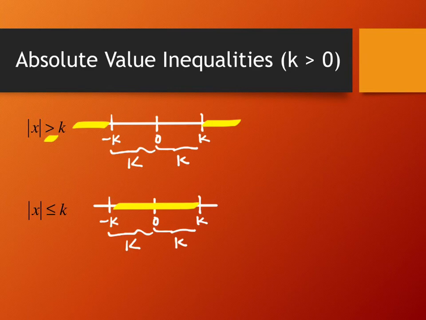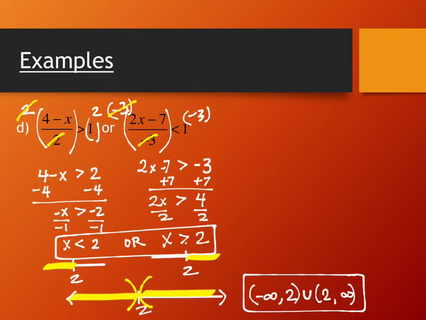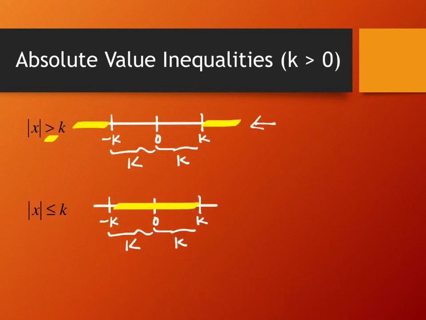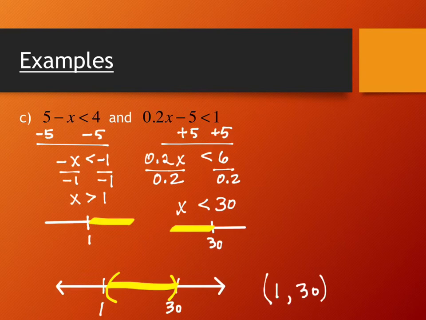So what does that mean? Well, the first one gives you a picture that looks a lot like this second problem I just did with the word "or" between it. I shaded on the outsides of something. And the second one has an enclosed shading. It looks a lot like the problem where it had an "and" statement, and I shaded in between two pieces instead.